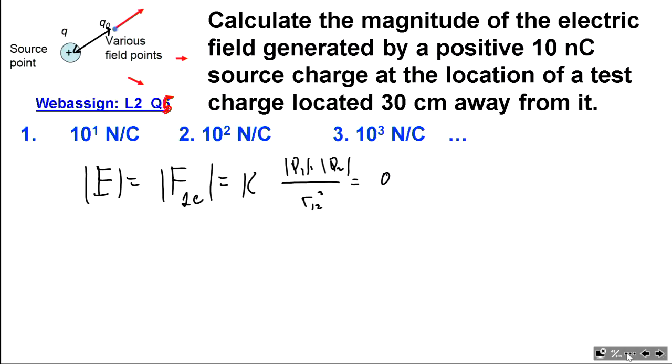Coulomb's law says use the constant, use the magnitude of the first charge. And what should I write for the second charge? What number?